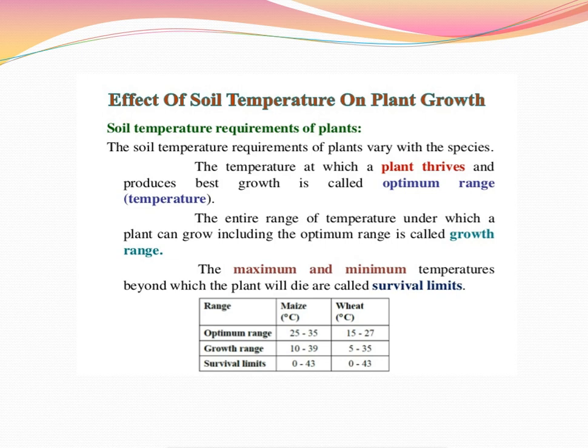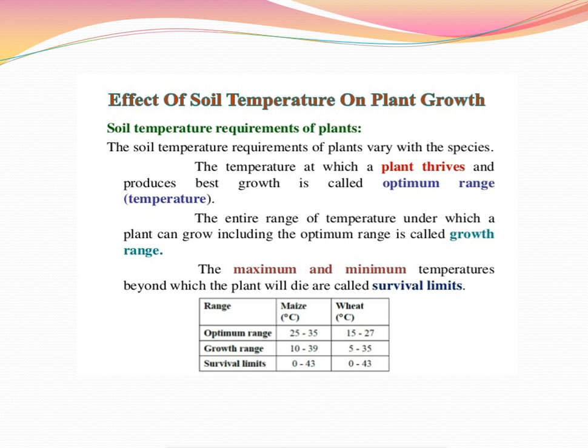Then the next most important topic, that is the effect of soil temperature on plant growth. Soil temperature requirements: plants thrive in a range of optimum temperature. Optimum temperature means the temperature at which a plant thrives and produces the best growth, called the optimum range.